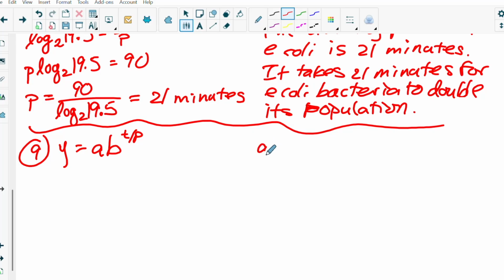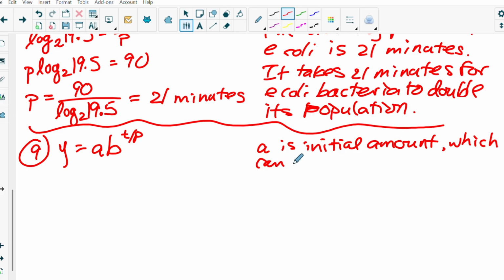So I can say that A is the initial amount. You can either start with 100 or 1, so let me do 100. A is the initial amount, which can be represented as 100. I think when we use whole numbers like this, it's easier to think about and do the calculation.